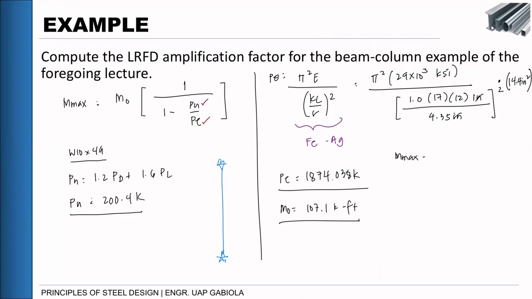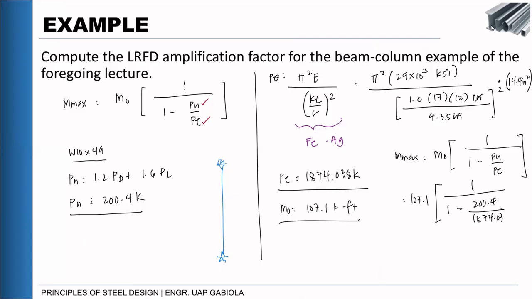That is Mo multiplied by 1 over 1 minus Pu over Pe. So, that is 107.1 times 1 over 1 minus 200.4 over 1874.038.